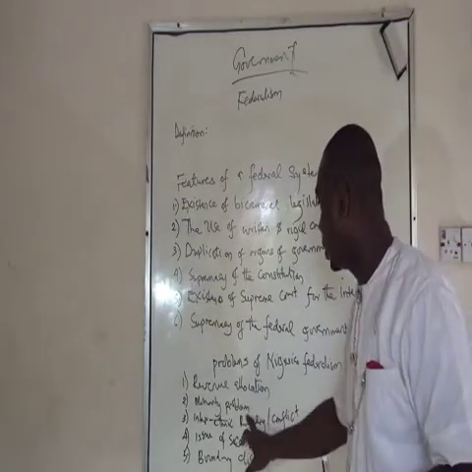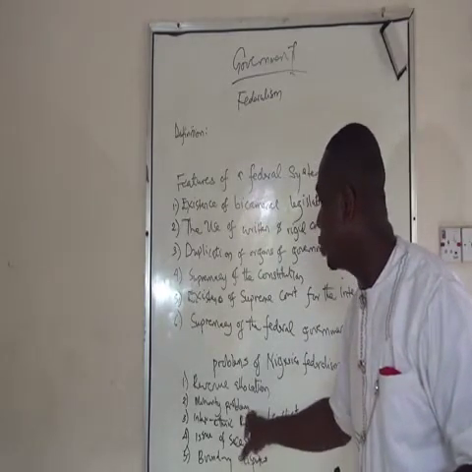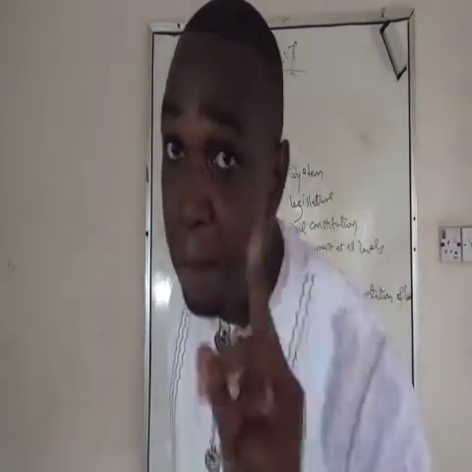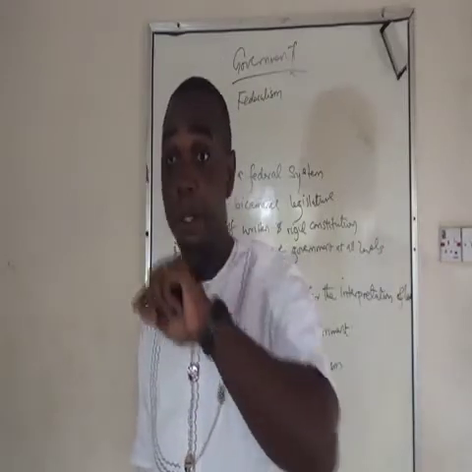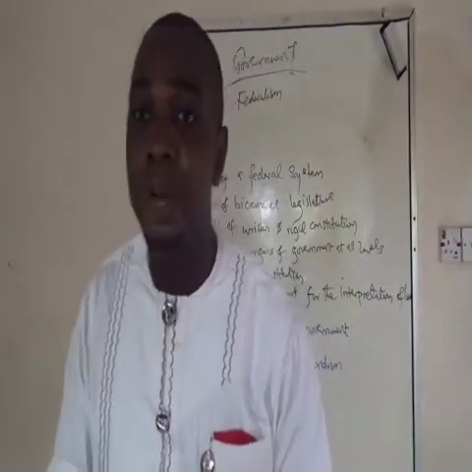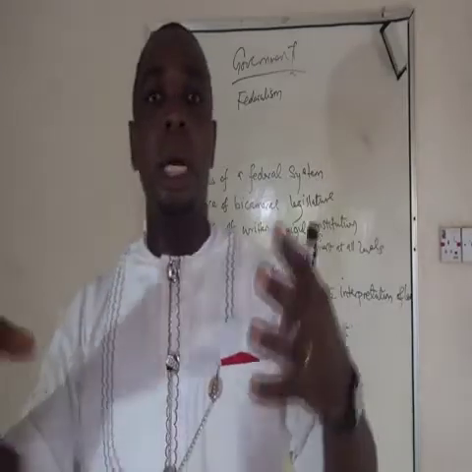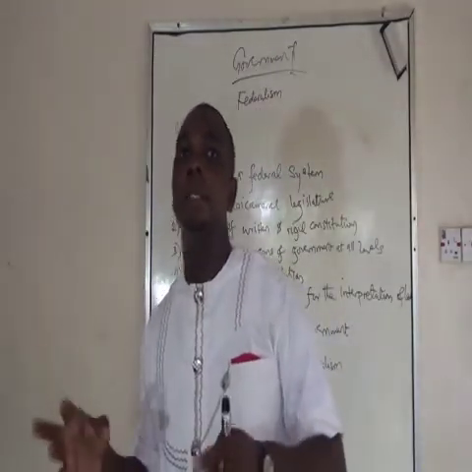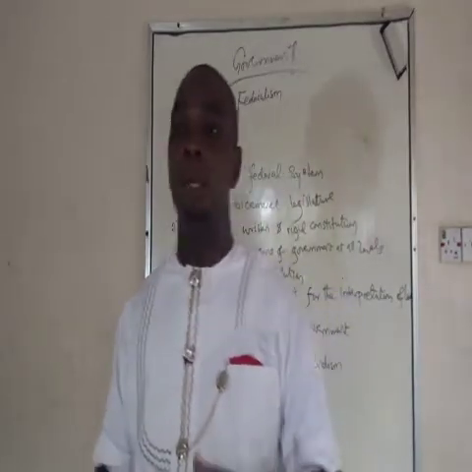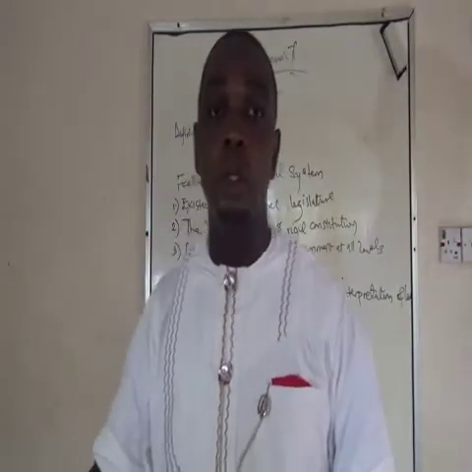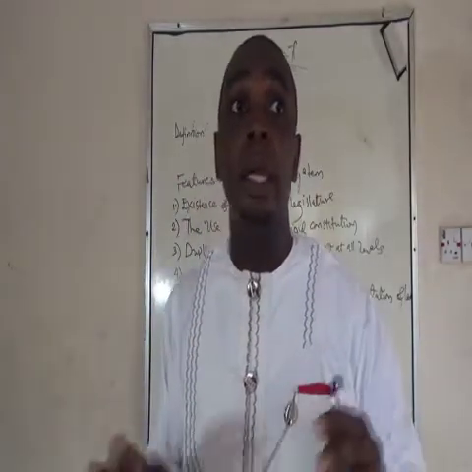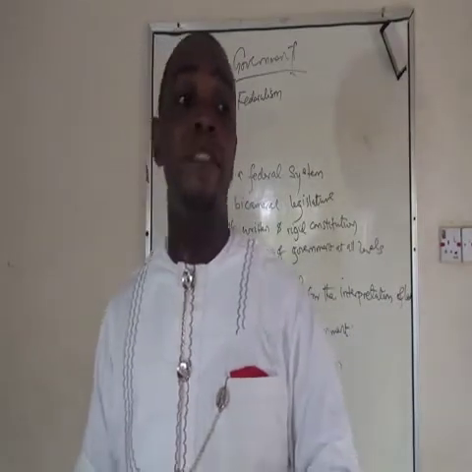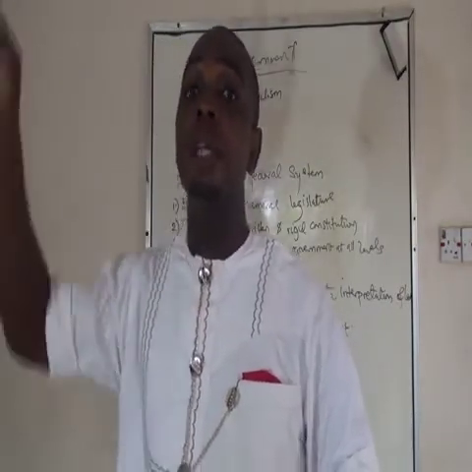Now let's quickly look at the problem of minority. Nigeria is a federal system and Nigeria is an imperial creation. When I say Nigeria is an imperial creation, the implication of that statement is that Nigeria was created by virtue of imperialistic tendencies. Imperialism in the sense that the world powers, especially European world powers, came together and then did an expedition. And by virtue of that expedition, they were conquering territories and so on.